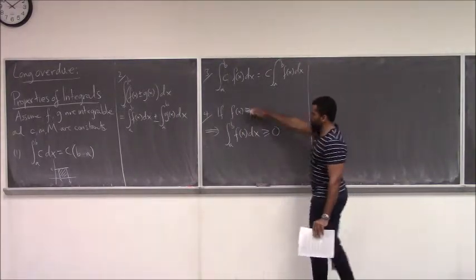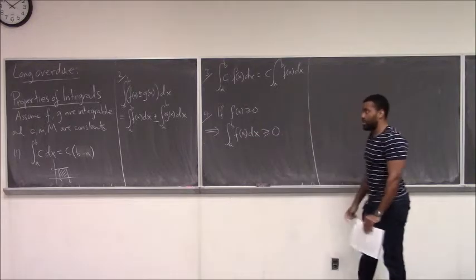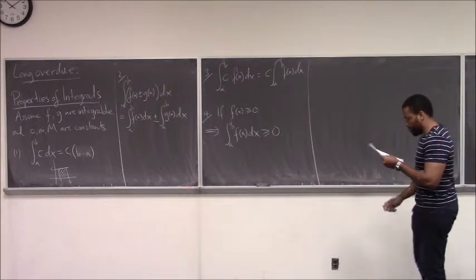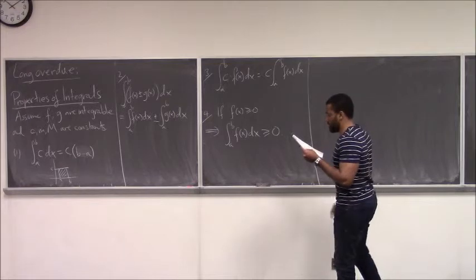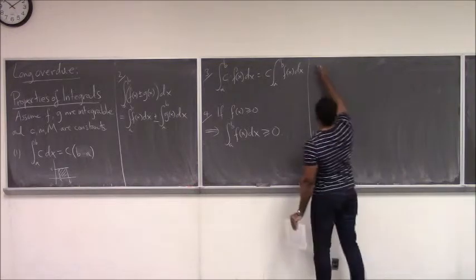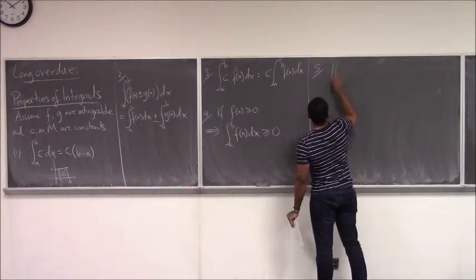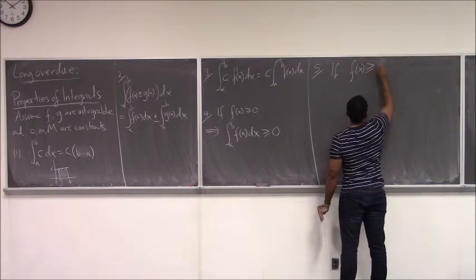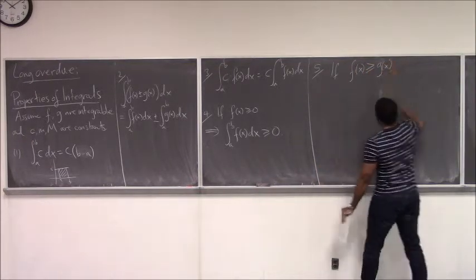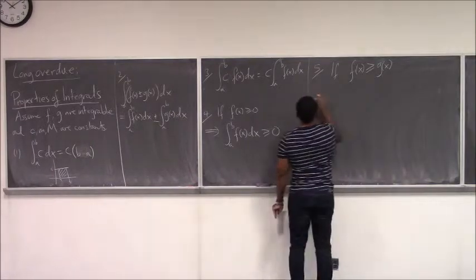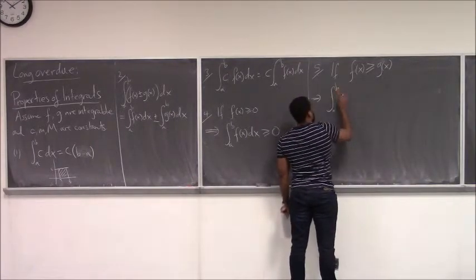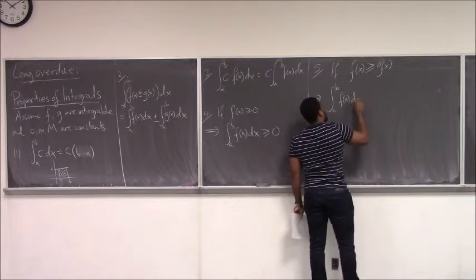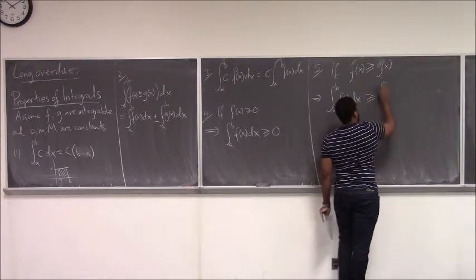In other words, if your function is always positive, it will have positive area underneath it. We mentioned last time about negative areas being a thing, as well as, if you know that one function is greater than or equal to another function all the time, then the integral of this one will be greater than or equal to the integral of that one.